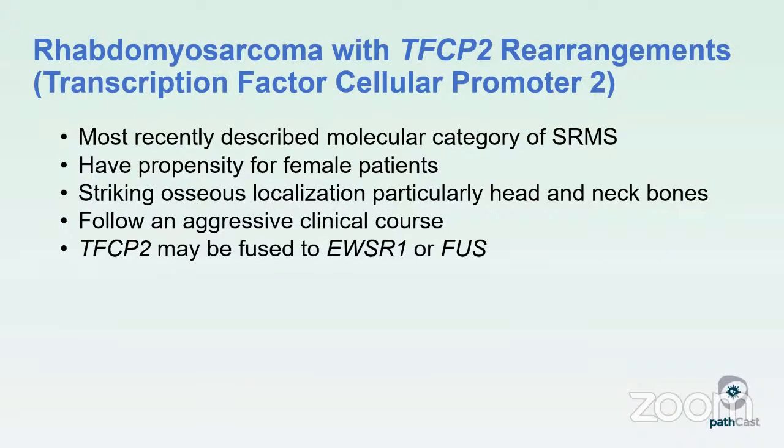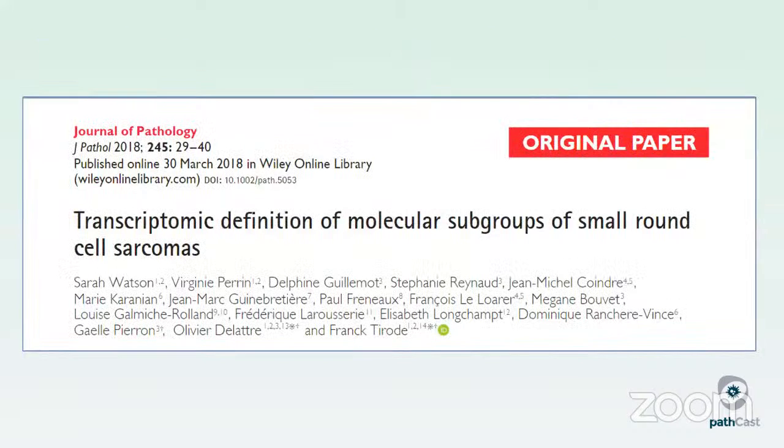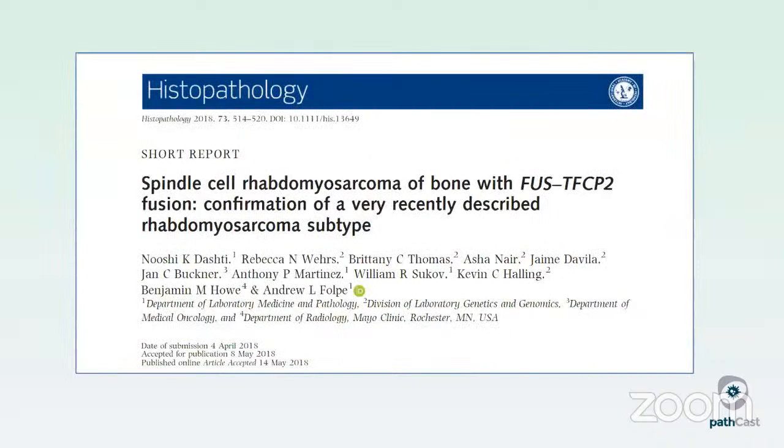The rhabdomyosarcomas with TFCP2 rearrangements, these are the most recently described molecular category. They appear to have propensity for female patients, osseous locations in head and neck, and TFCP2 could be fused to EWSR1 or FOS. This was first reported by the French sarcoma group in a workup of a large cohort of small round blue cell tumors, and later confirmed by our group at Mayo Clinic.